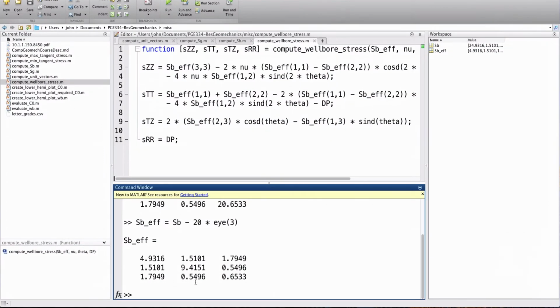So we go back here, then we can say compute wellbore stress SB effective, 0.2, theta.